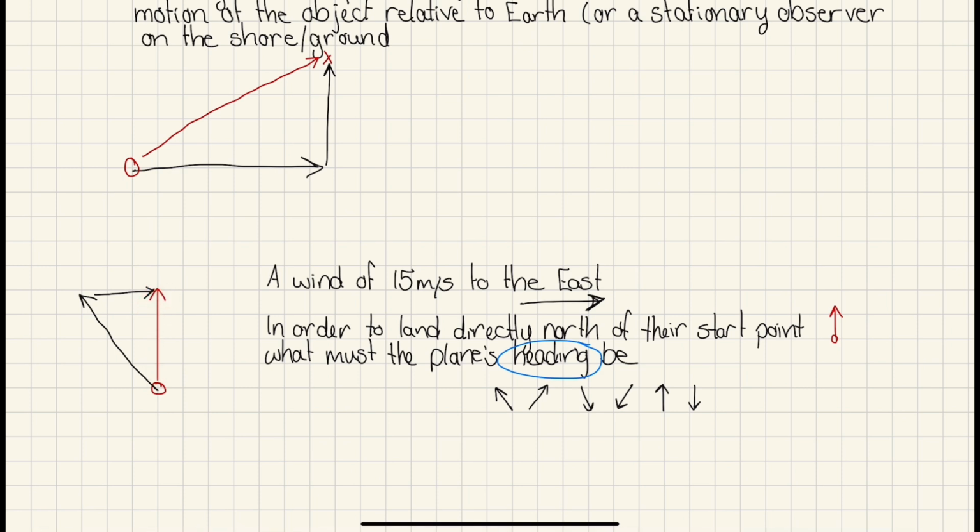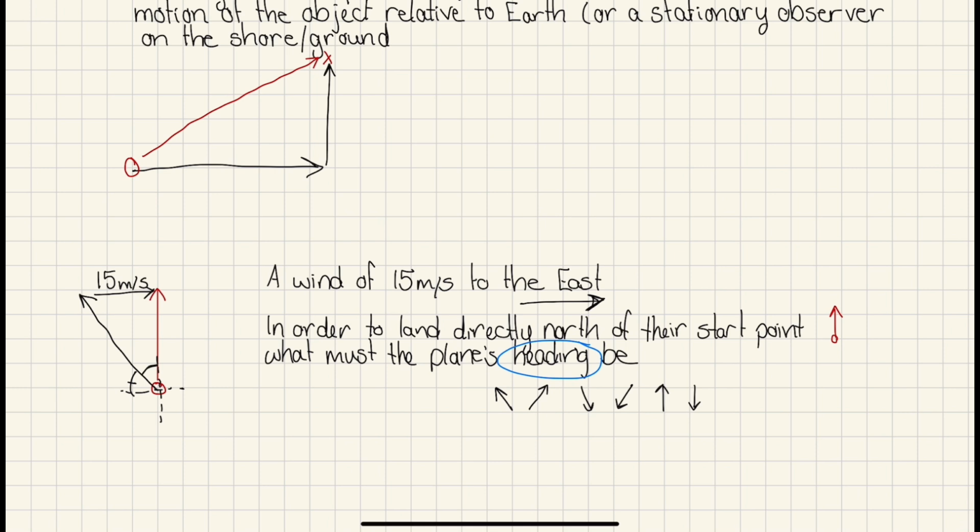Is our resultant drawn from where the components began to where the components end? Yes, it does. That means we're now ready to calculate our heading, which will be the angle from whatever directional line you choose. So I could quote it from the north, I could quote it from the west. Whichever you choose is just fine. Now I do have values to put on these arrows. The wind was 15 meters per second to the east, so I'll label it as 15.